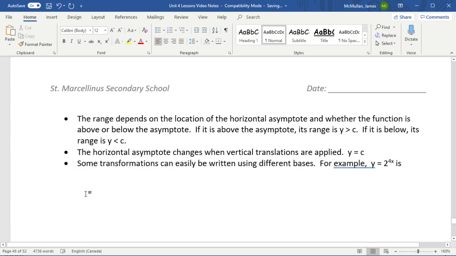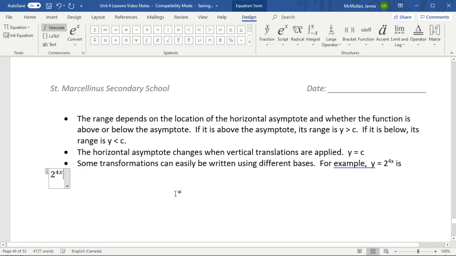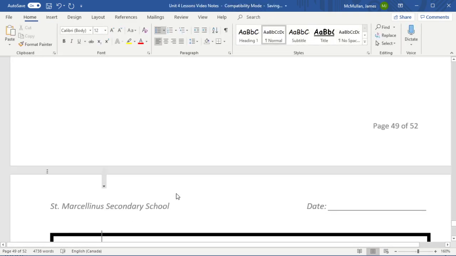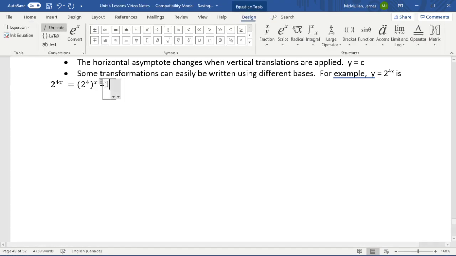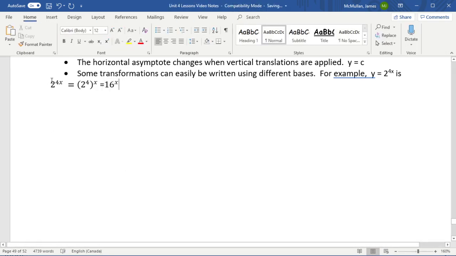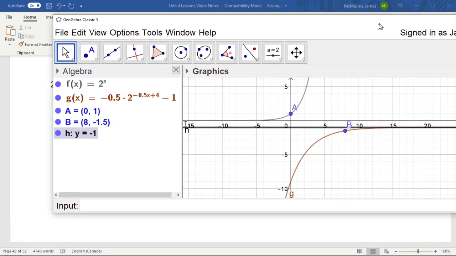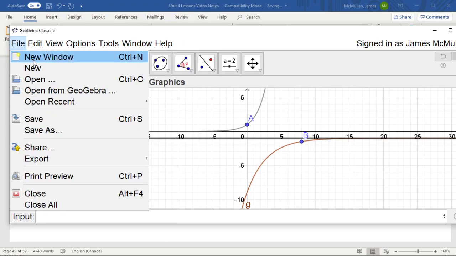Some transformations can easily be written using different bases. This is a really, really good point. For example, instead of drawing 2 to the 4x, you could also just draw 2 to the 4 to the x, right? And 2 to the 4, we know, is 16. And so instead of drawing 2 to the 4 to the x, you could just draw 16 to the x, which is really kind of an interesting property that these things have, right?